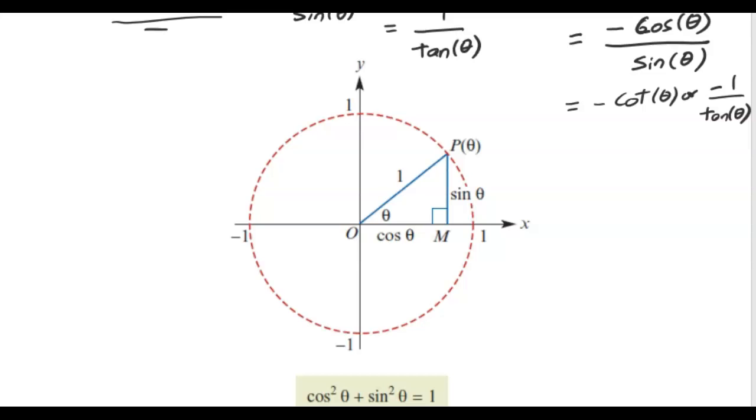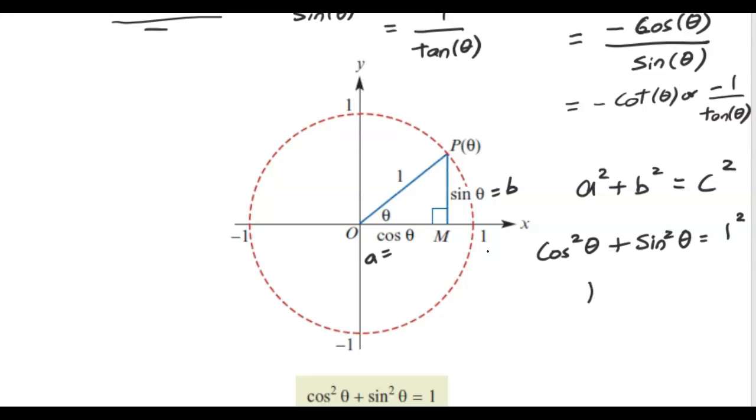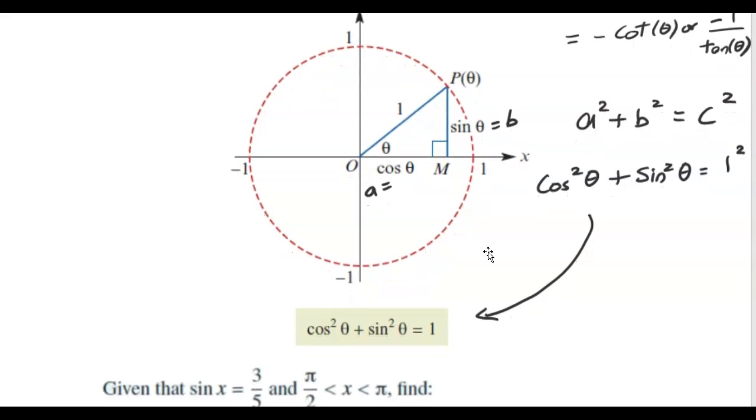If I apply my Pythagoras theorem, a squared plus b squared is equal to c squared, where this is a, this is b, and c is the hypotenuse, all I'm going to get is cos squared theta plus sine squared theta equals 1 squared, which is what we know as the Pythagoras identity.